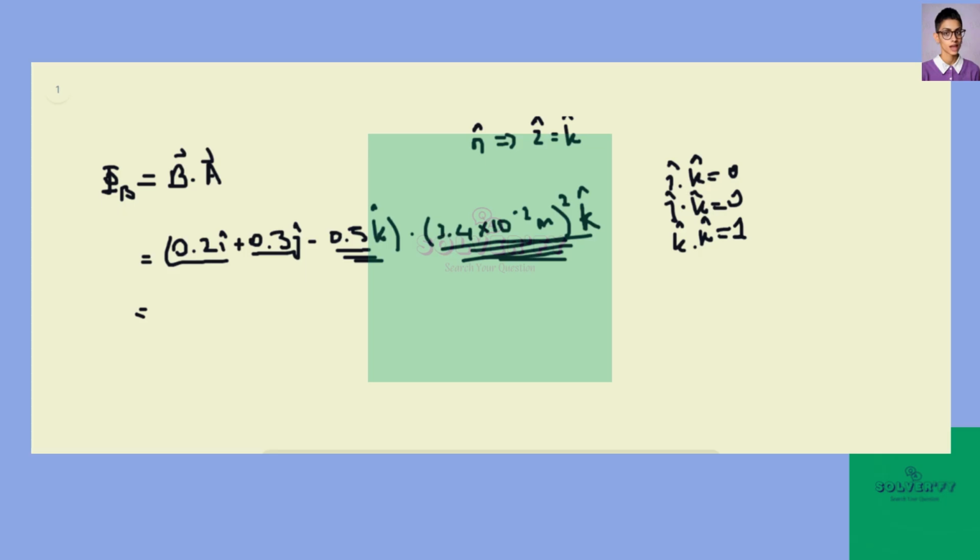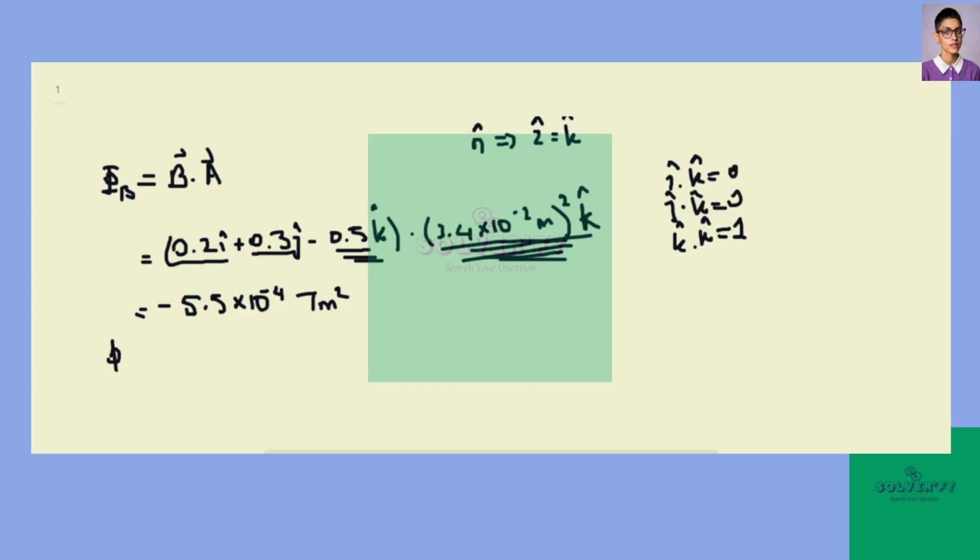Then the flux is going to be equal to negative 5.5 times 10 to the power of negative 4 Tesla meter squared.